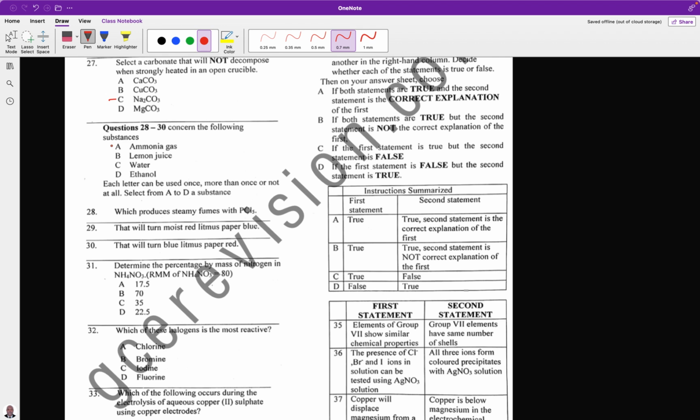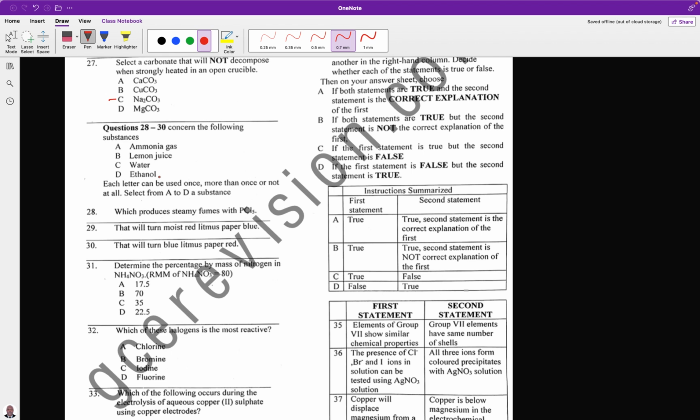The production of steamy fumes with phosphorus pentachloride is usually used as a test for alcohols. So in selecting a substance which produces steamy fumes with phosphorus pentachloride, since it is used as a test for alcohols, D, ethanol, will produce steamy fumes when reacted with phosphorus pentachloride.